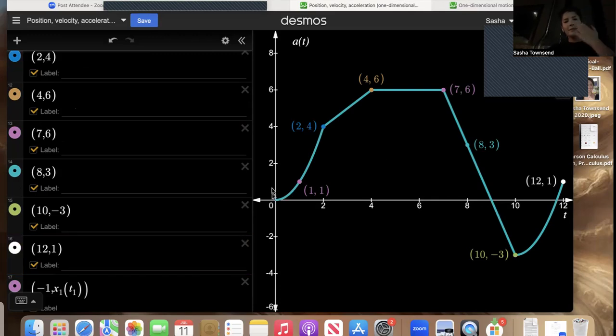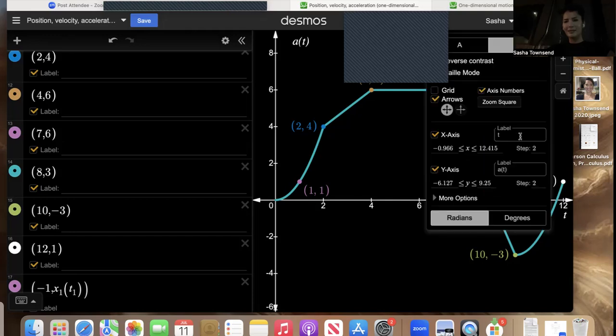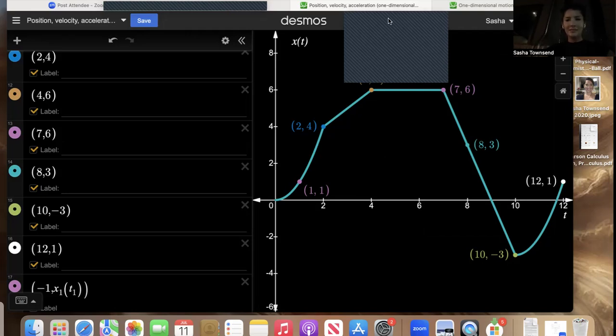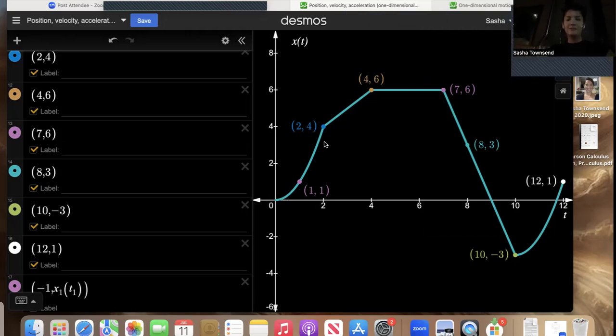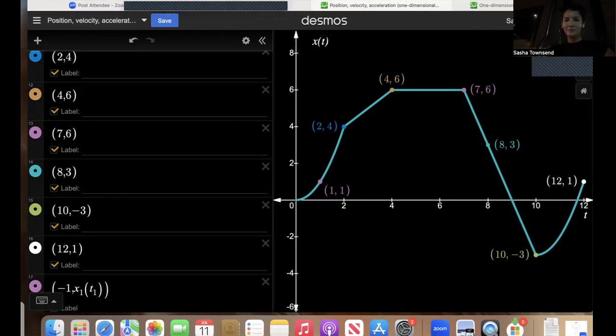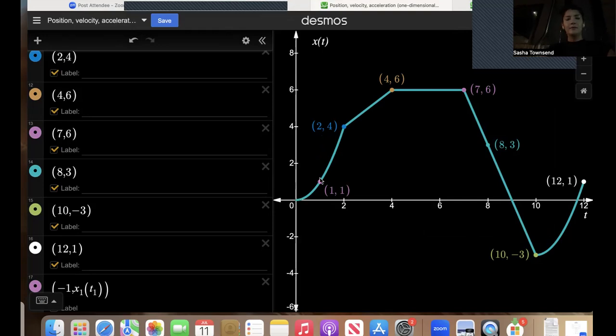You can see that the position, now it's labeled incorrectly, sorry. You can see that the position as a function of time is given by this. And so here, because our graph is curved, we can see that the acceleration is actually positive. We're covering more distance as time increases.